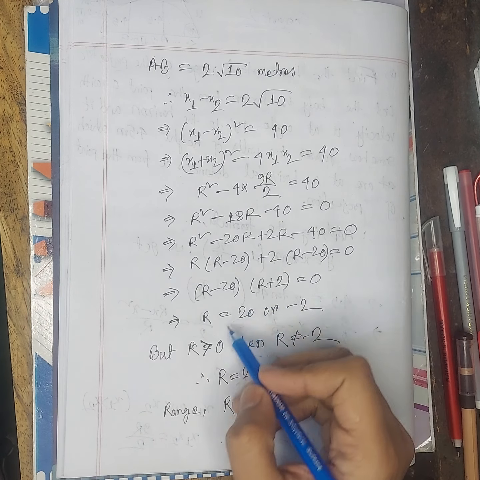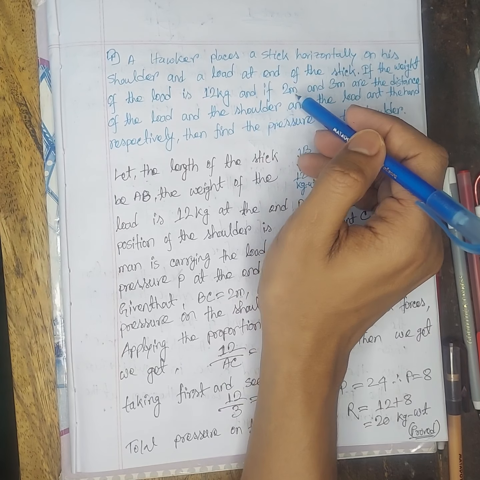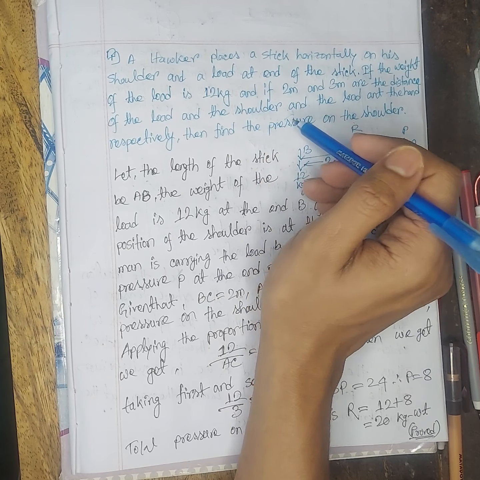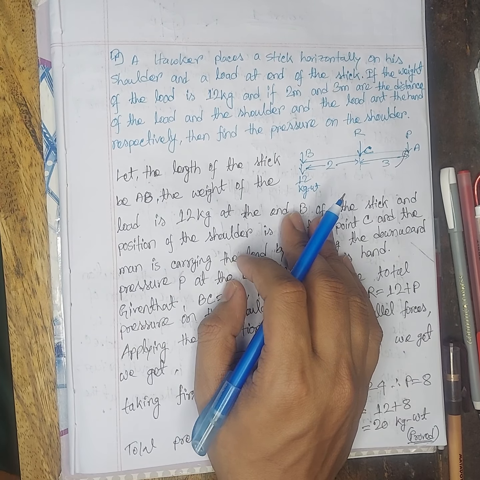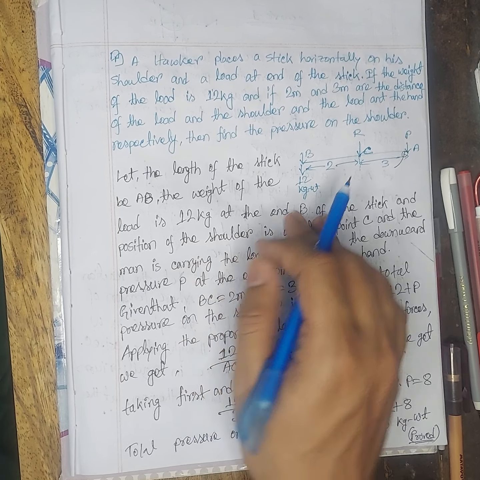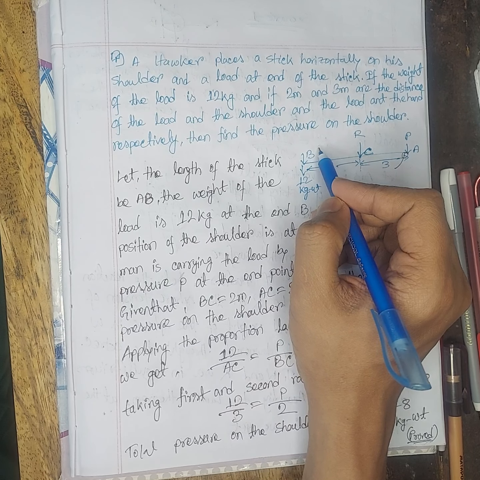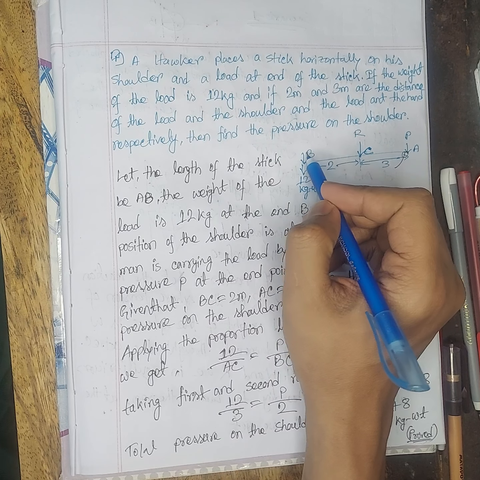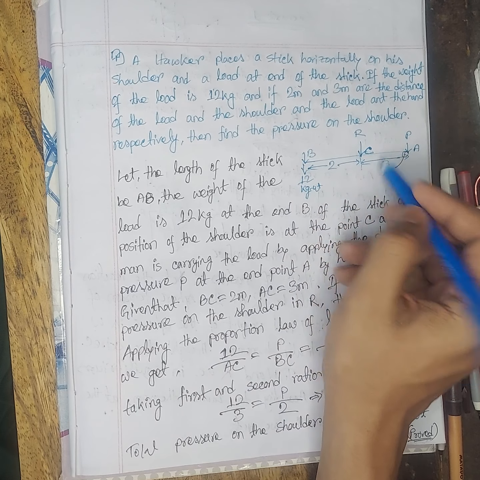Here is another problem. A hawker places a stick horizontally on his shoulder and a load at the end of the stick. If the weight of the load is 12 kg and if 2 meter and 3 meter are the distances of the shoulder from the load and from the hand at the other end respectively, then we have to find the pressure on the shoulder.